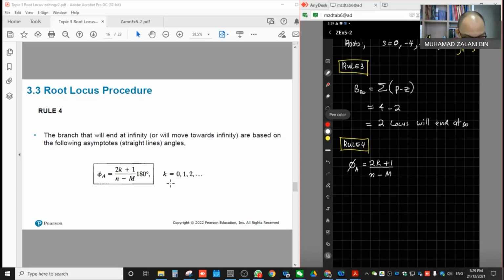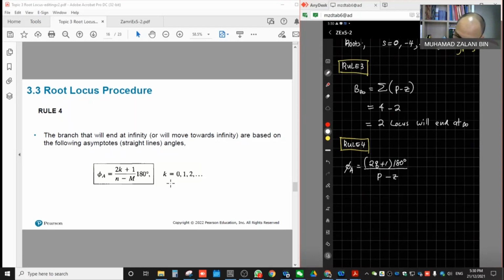Let me use the equation from the lecture notes: phi A equals (2q plus 1) times 180 degrees, divided by the number of poles minus the number of zeros. Here q is 0, 1, 2, and so forth.